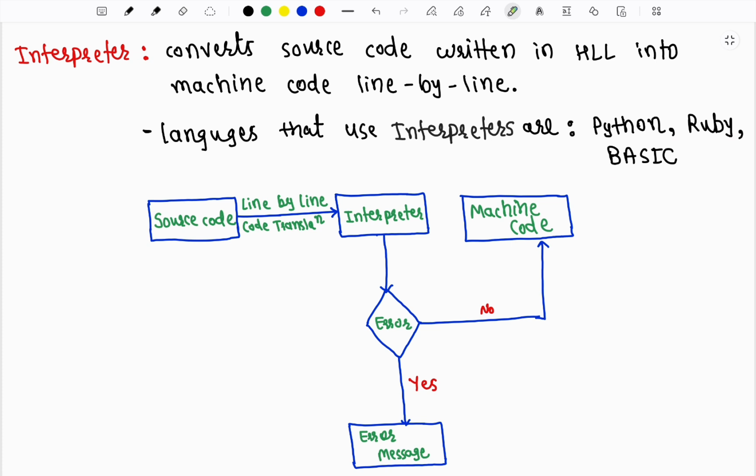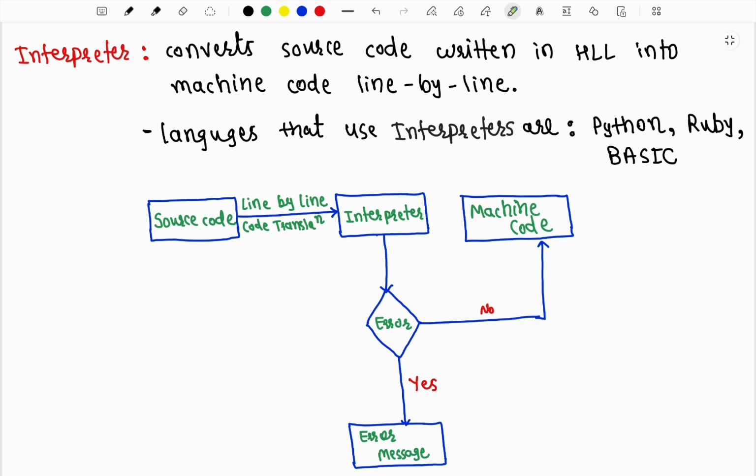First, the programmer writes the source code in a high-level language such as Python, Ruby, or Basic. Now, the source code is given to the interpreter. Unlike a compiler, the interpreter does not translate the entire program at once. Instead, it processes the code line by line, that is, one line at a time.